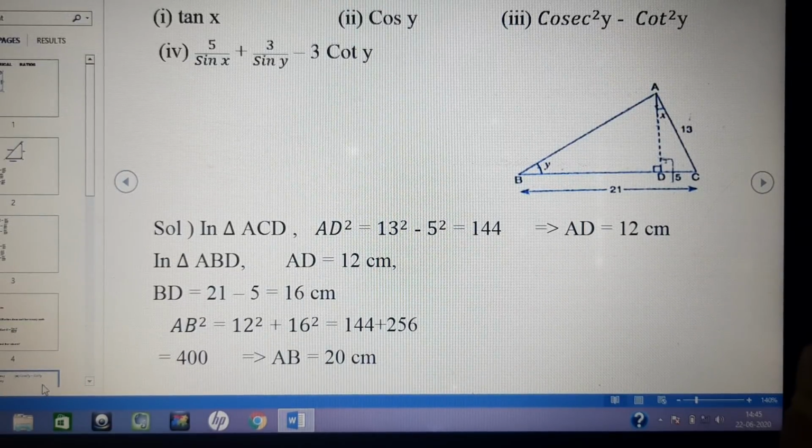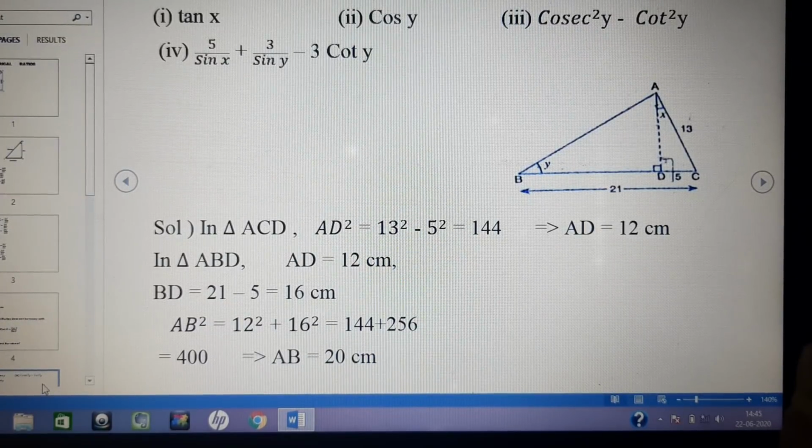Complete BC is given as 21 and CD is 5 centimeters. So BD will become 21 minus 5, that means 16 centimeter. Now if we look in triangle ABD, BD we have just calculated as 16, AD we have just calculated as 12. So what is missing? AB. We have to calculate AB.